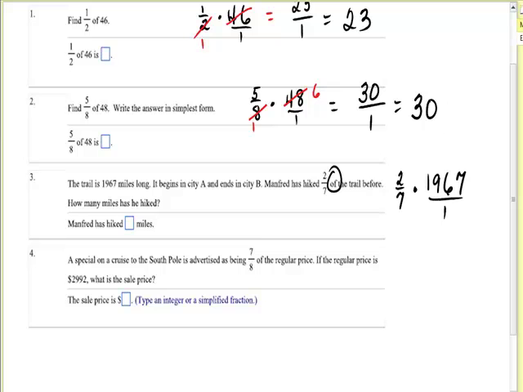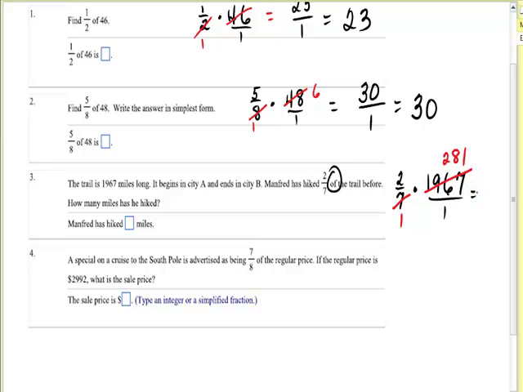Now, I'm grabbing my calculator because it's just a guess, but I bet 7 goes into 1967 evenly. So I'm testing it. Yes, it does. It goes in there 281 times. 7 goes in there once. 7 goes in there 281 times.